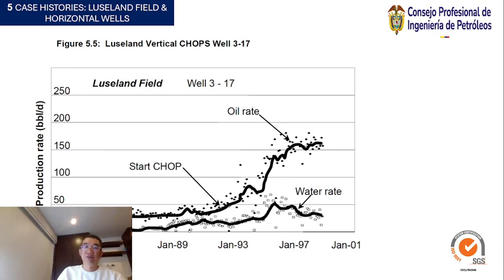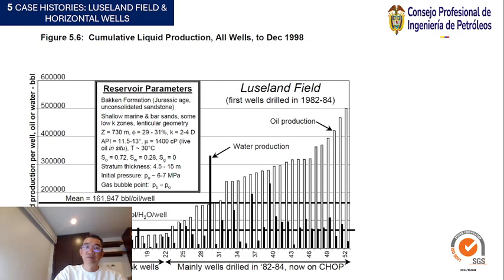Figure 5.5, Luseland vertical CHOPS well 3-7. We can see this vertical well has a better performance than the last one. When they started CHOPS, the oil rate increased quickly and remained so for maybe 5 or 6 years. Figure 5.6, cumulative liquid production.